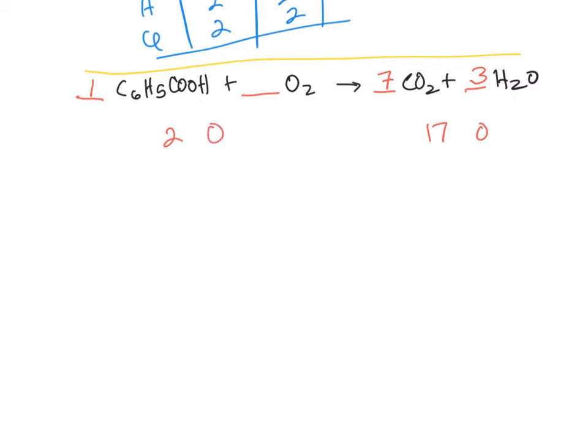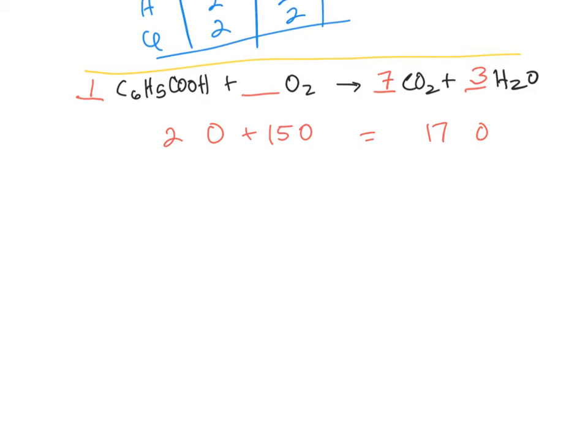On the left you've got 2 oxygens here. The 0 looks like an O, but it's not. Or rather, the O looks like a 0, but it's not. And then this part here is going to be the rest, so that means there are going to be 15 oxygens. So you say plus 15 oxygens is equal to 17. Because oxygen comes in pairs, you cannot just put a coefficient of 15 here.